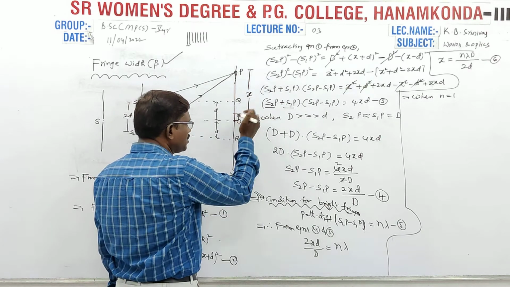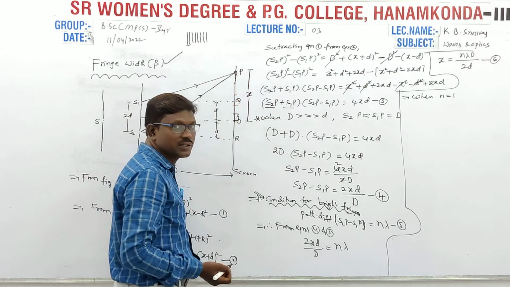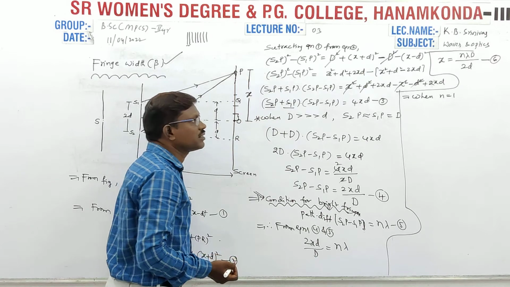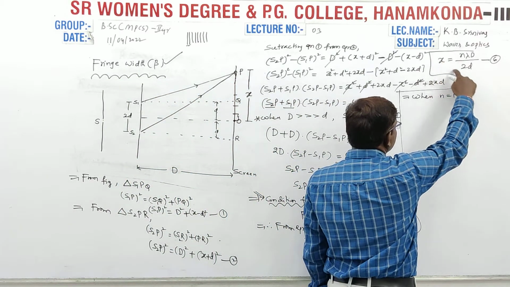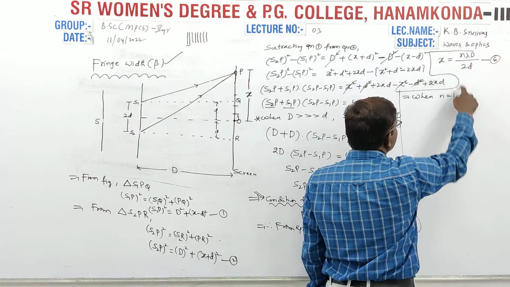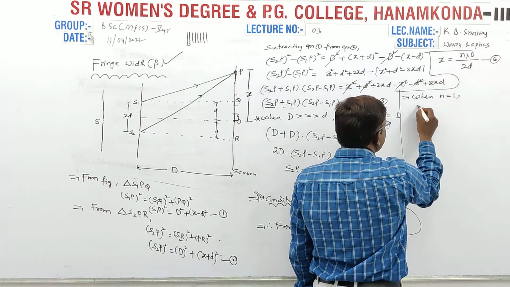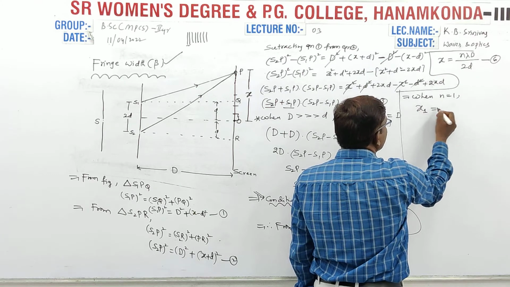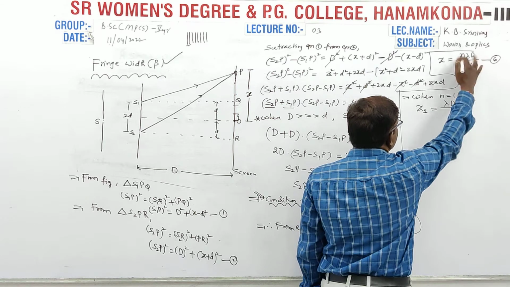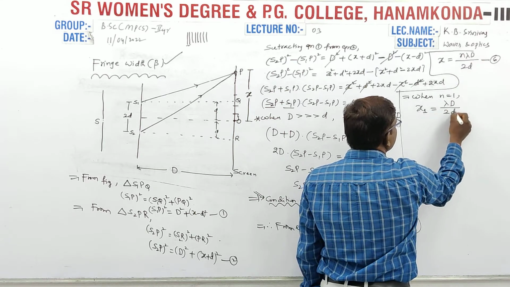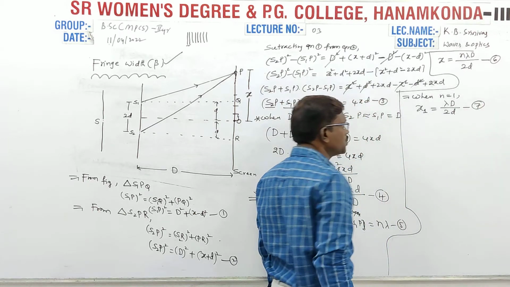This distance is the first bright fringe, maybe this is the second bright fringe, maybe this is the third bright fringe. Is that clear? Right. So I want to write the distance for the first bright fringe. By using this equation, when n equals 1, let us put x as x1, which is equal to, instead of n I am writing 1. So this equation becomes lambda capital D by 2 small d. Let this be equation number 2.